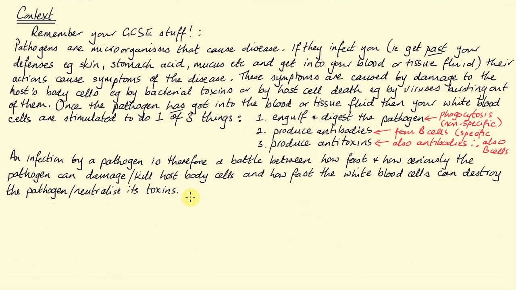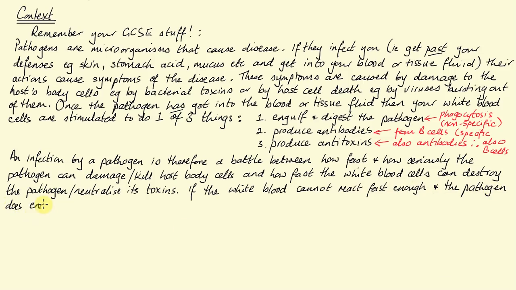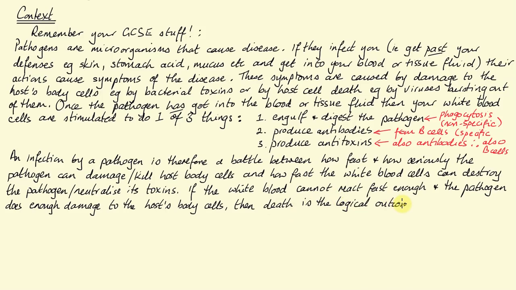If the white blood cells cannot react fast enough and the pathogen does enough damage to the host body cells, then death is the logical conclusion. If our immune system could not destroy the pathogen for any reason, then we are in trouble.